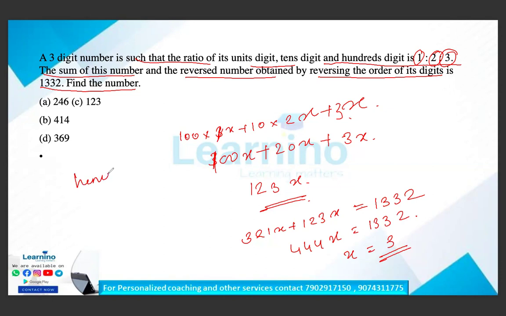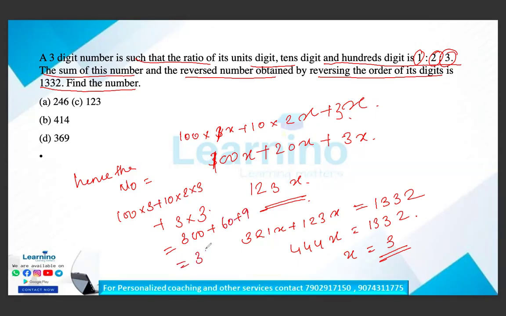Hence the number is 100 into 3 plus 10 into 2 into 3 plus 3 into 3. So the total answer is 300 plus 60 plus 9, that is 369.